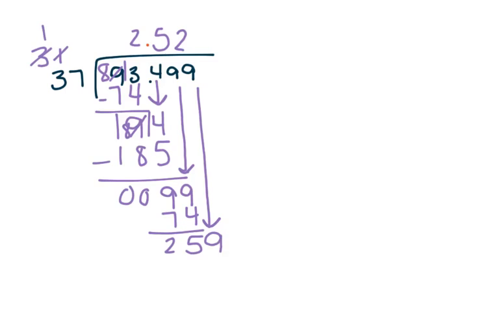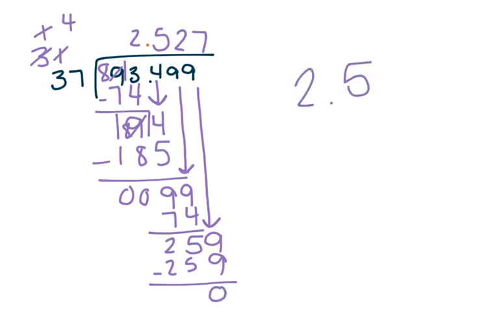And then let's try, sorry, 7. 7 times 7 is 49. 7 times 3 is 21. Plus 4 is 25. No remainder. Your answer is 2 and 527 thousandths.